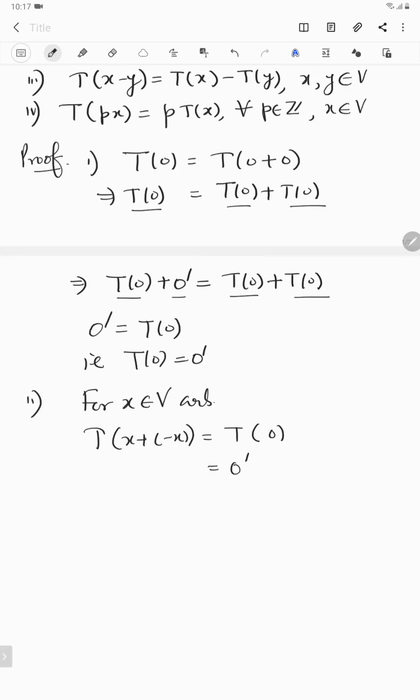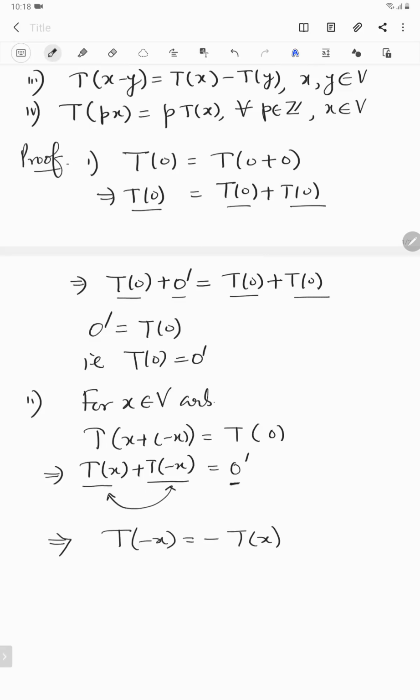On the left side, by applying the property of linear transformation, we get the sum of these two elements of W equal to the zero of W. This is possible only when these two elements are additive inverses of each other. So by definition, T of minus x is nothing but minus T of x. This is property number two.